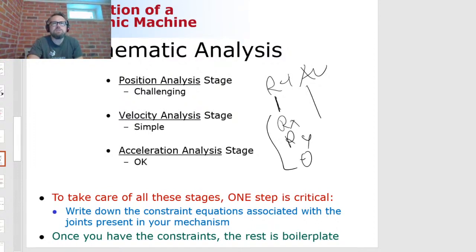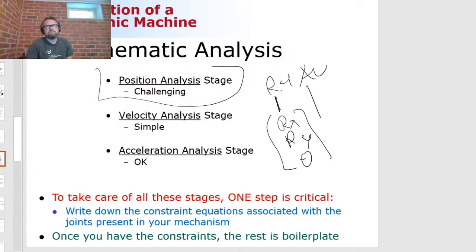These are the generalized coordinates for one body. If you have more bodies, you have more of the same type of generalized coordinates. Acceleration analysis is okay. It's not simple, but it's something you can live with. But the first step is challenging, and this is where you need to get started.